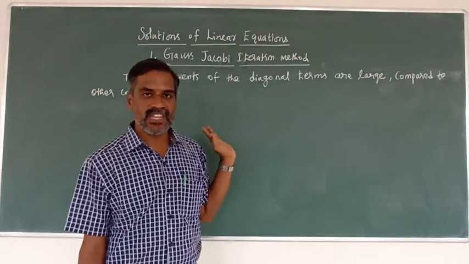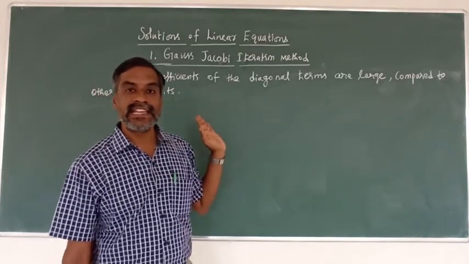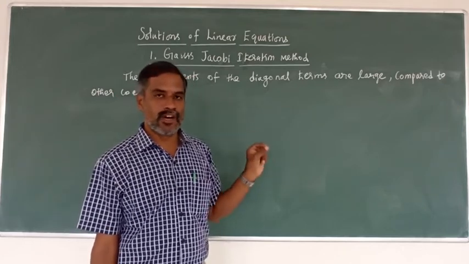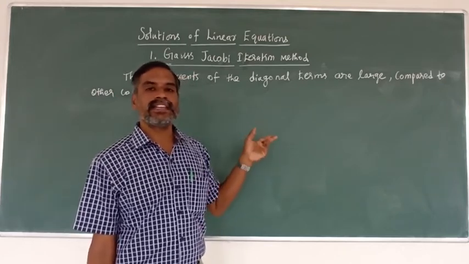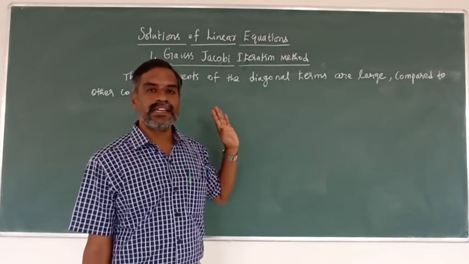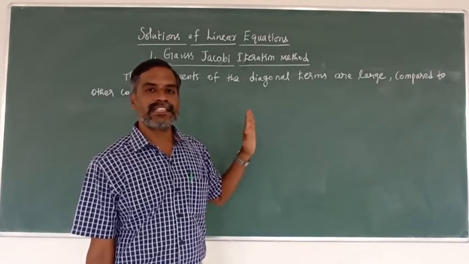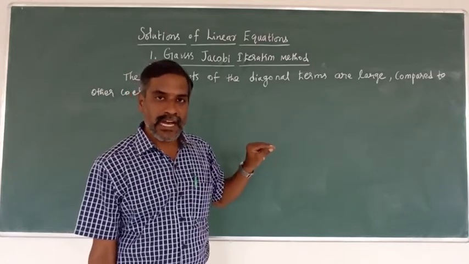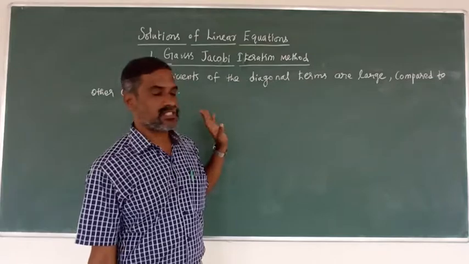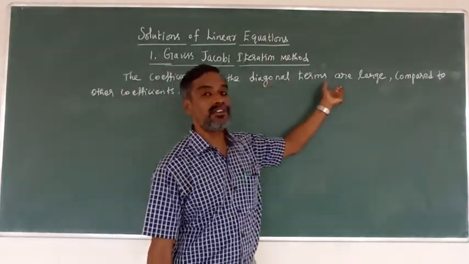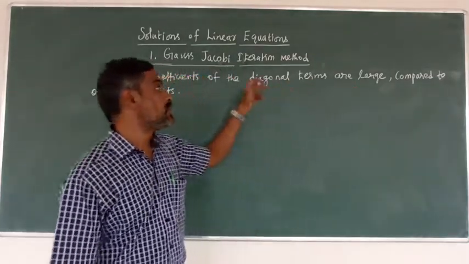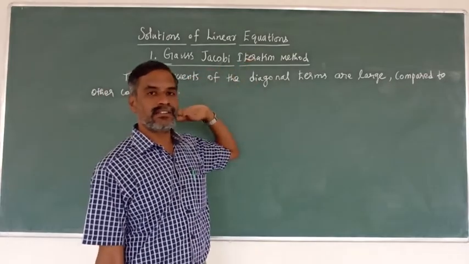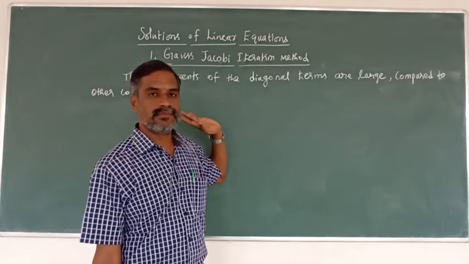And in the third linear equation, the z value should be large compared to x and y. Suppose it is not in this format, we have to exchange the equations according to these conditions. The diagonal terms should be large. Then only can we solve by the Gauss-Jacobi iteration method.